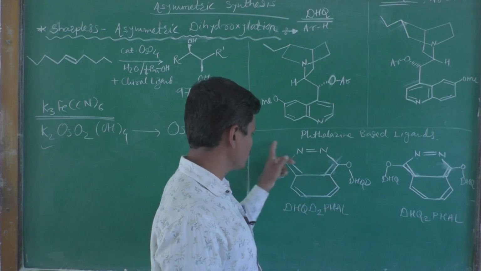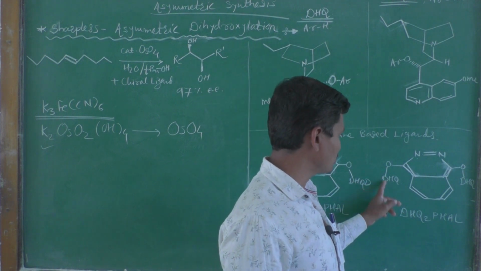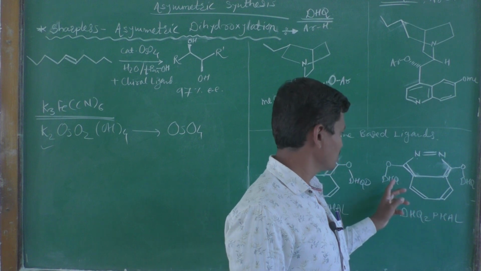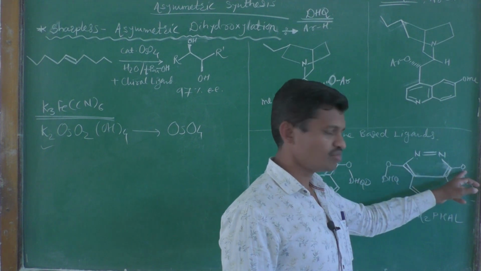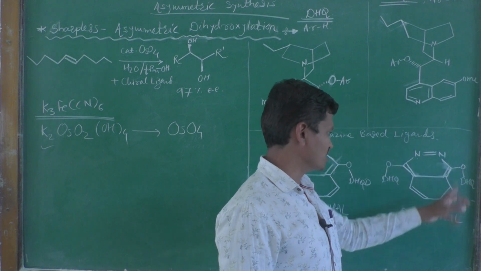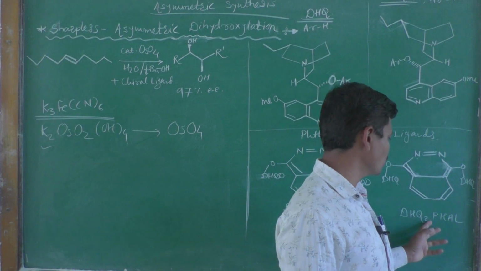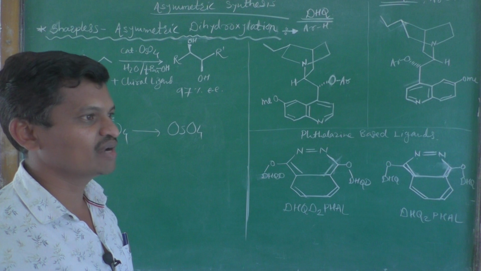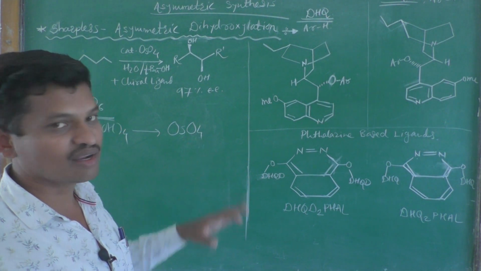Okay, so this is the structure of DHQD phthal, and when two molecules of DHQ are attached to this phthalazine moiety, then it is called DHQ2 phthal.